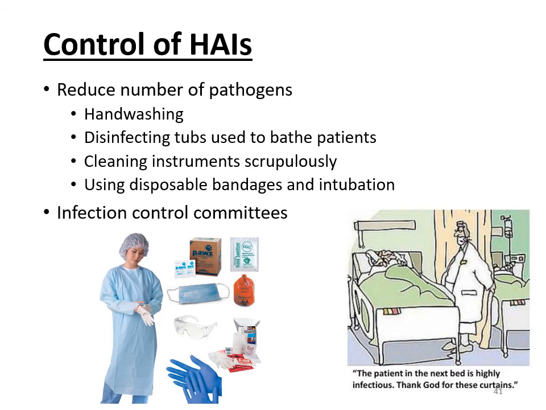Make sure to clean any medical instruments very carefully and very frequently. And when possible, try to use disposable items, because disposable items are kept sterile until you use them and then thrown away. So you reduce the risk of spreading any kind of microbes to other patients.